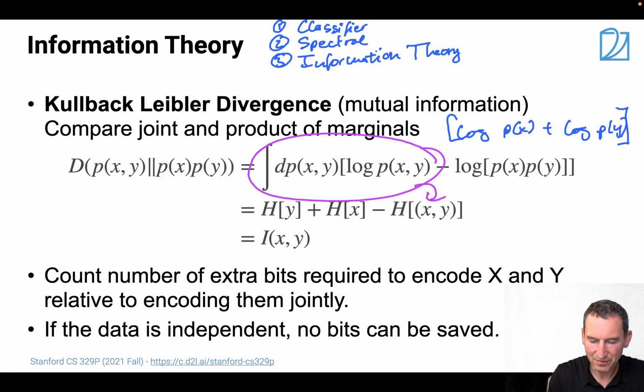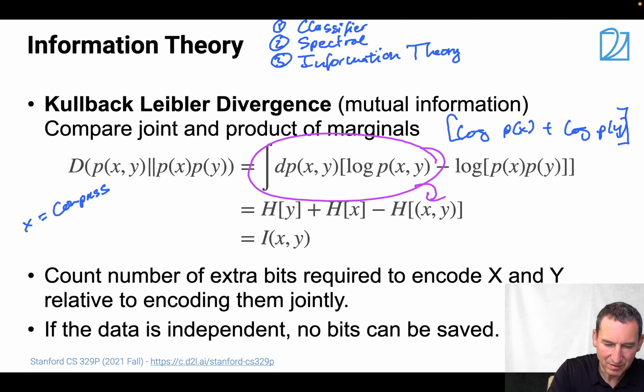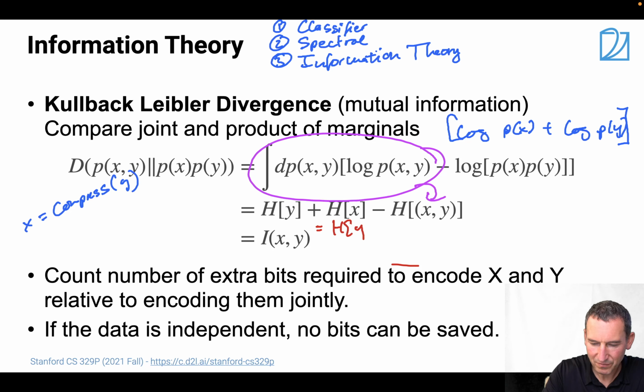Let's just actually look at what happens if, suppose x is a compression of y. So in that case I will get that h of x and h of y are the same. And you would also get that the joint entropy is the same thing, because essentially I only need the original or the joint to encode it.